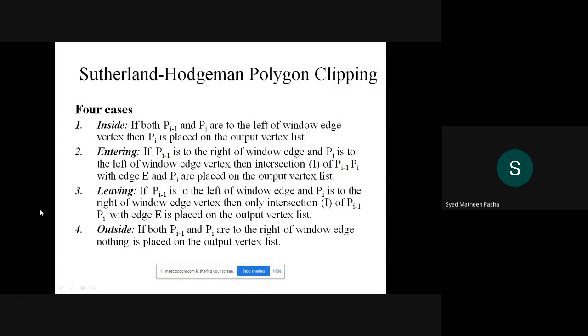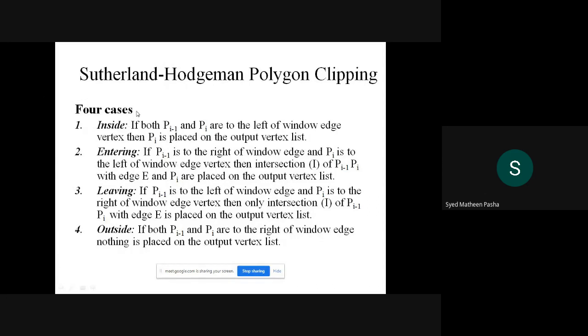Similarly for leaving, as well as the line which is outside the window, you just need to remember where the lines are falling. In the inside case, the line which is coming inside the window, if those points are to the left of the window edge, then it is included in the output vertices. In entering, if the previous point is to the right of the window edge and Pi is to the left of the window edge, the intersection I of both points is placed on the output vertex list.